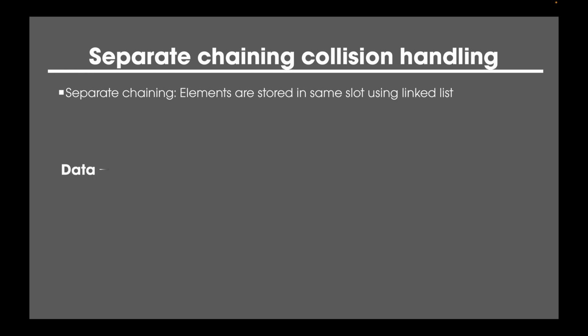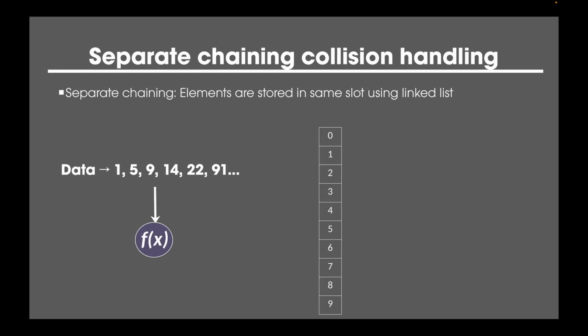Let us continue our discussion with separate chaining collision handling. In separate chaining, when a collision occurs, multiple data elements that hash to the same index are stored in the same slot using a linked list or another structure like dynamic array or a balanced tree. Let us consider the same data, pass it through the hash function and insert it into the hash set.